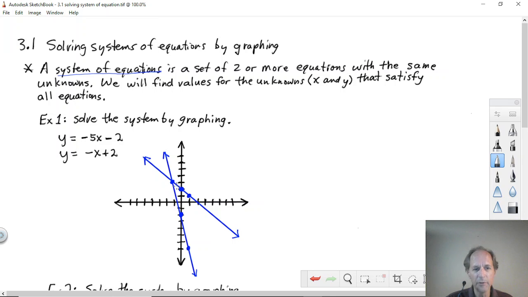The reason it's not perfect is the inaccuracy of how I'm drawing them. If we assume the answer is a whole number, it's negative 1, 3. So we are limited by the accuracy of the graphing. That's the solution, and I'll write that down here.